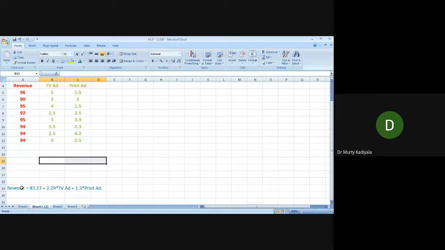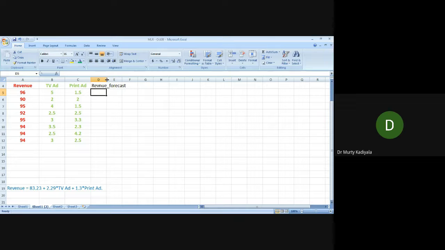So what is the model revenue? Let us predict this revenue forecast. Let me write this as revenue forecast.